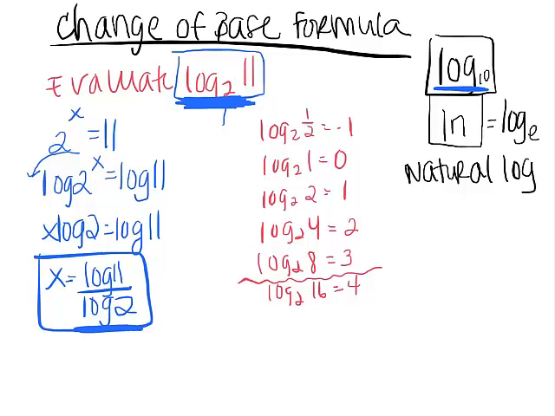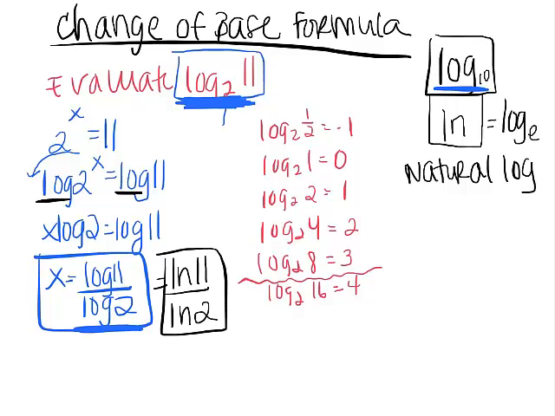Now, the other cool thing is that let's say you didn't want to use log base 10, you wanted to use ln. Well, you could just take the same steps and you would get ln of 11 over ln 2. And if you type that into your calculator, you'll get the same exact answer as you did when you used a log base 10. Okay? Now, the cool part about this too is that these can move very quickly.